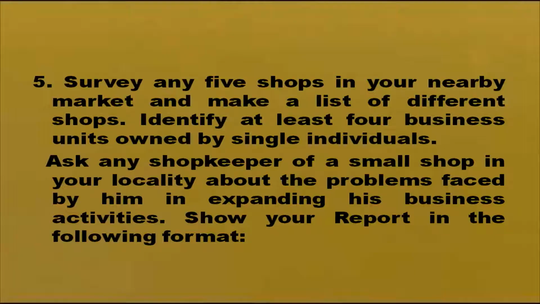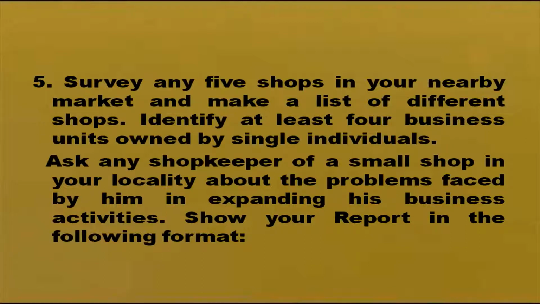Another report. Survey any 5 shops in your nearby market and make a list of different shops. Identify at least 4 business units owned by single individuals, that is sole proprietorship. Ask any shopkeeper of a small shop in your locality about the problems faced by him in expanding his business.